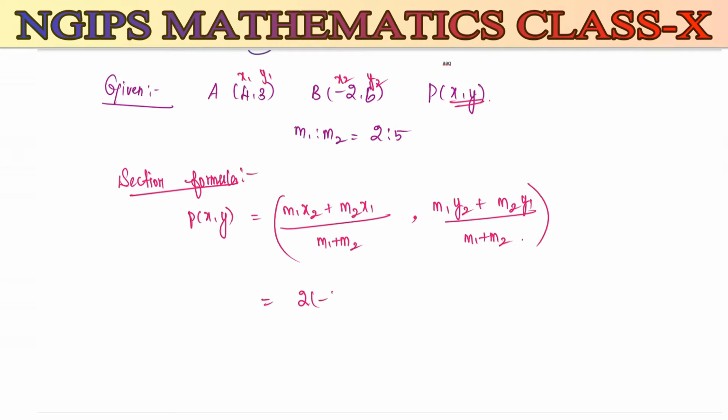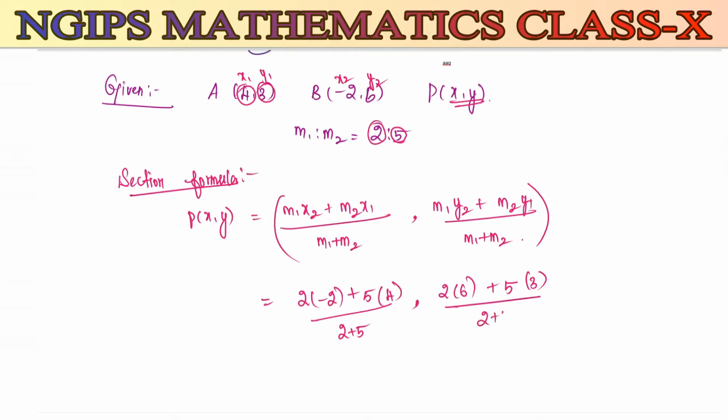So x2 we have minus 2 plus m2 value, it is 5, x1 value, it is 4 divided by 2 plus 5. m1 value we have here, it is 2, y2 value, it is 6 plus m2 value we have 5, y1 value, it is 3 divided by m1, it is 2, m2 it is 5. So we will get 2 plus 5.